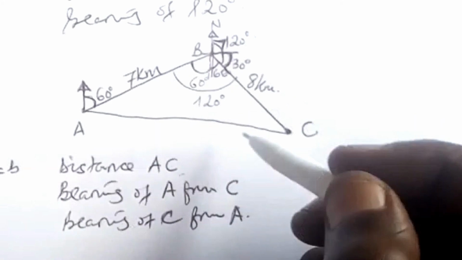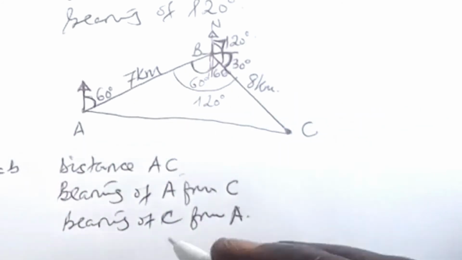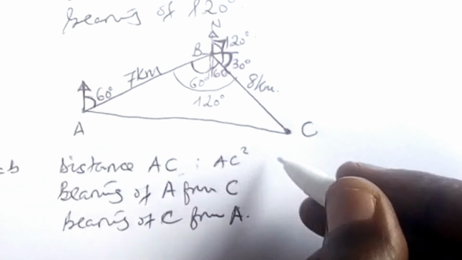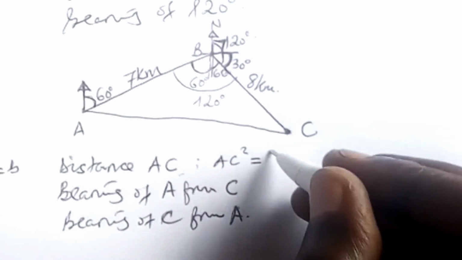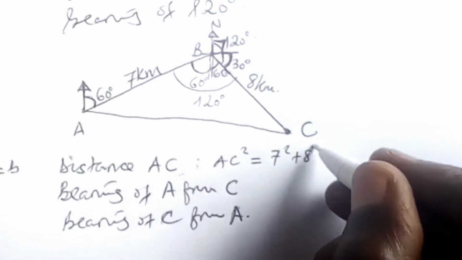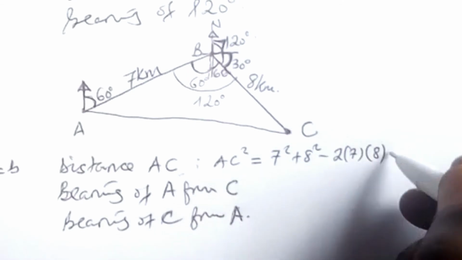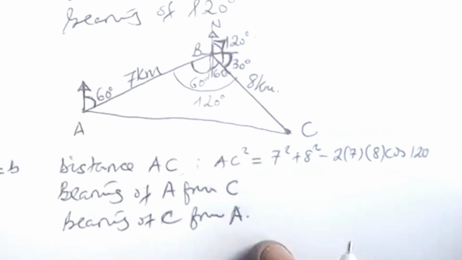The angle between the two sides having been provided, I can then use the cosine rule. So I'll be talking of AC squared being equal to 7 squared plus 8 squared minus 2 into 7 into 8, the cosine of that angle. And from there I can calculate my AC.